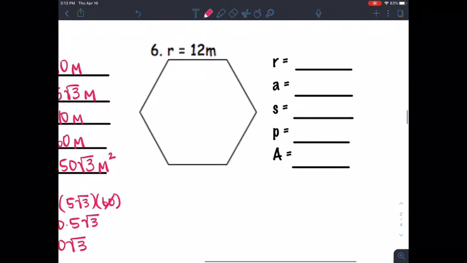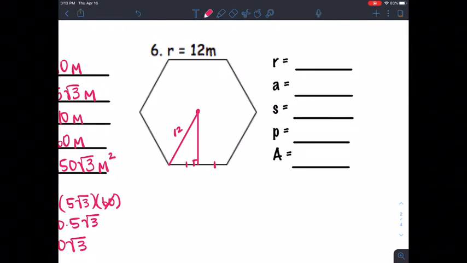And last one for today, if I have a radius of 12, this side is split in half. That is my hypotenuse. So if I work backwards, my hypotenuse is 12. I'm going to divide by 2 to get this short leg. And from the short leg to the long leg, I'm going to multiply by the square root of 3.